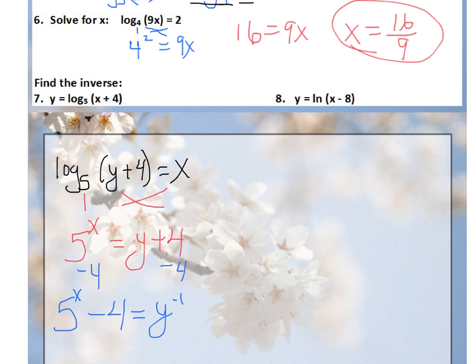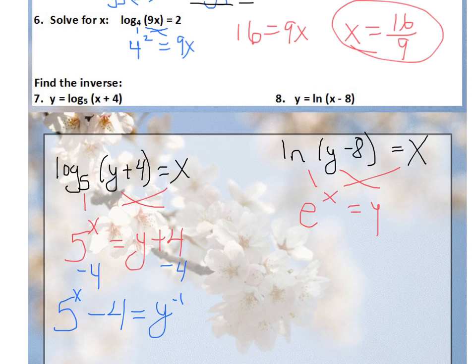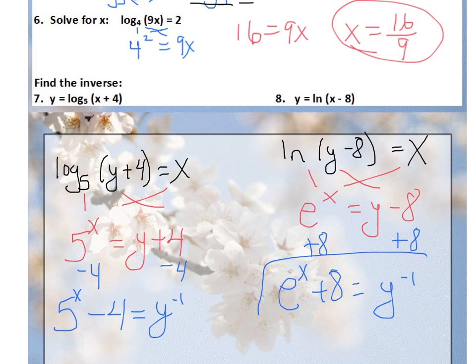Okay, we're going to start 8 the same way. I'm going to switch my x and y and put the log on the left. Now I'm going to change it to exponential form, so e to the x equals y minus 8, and then isolating the y, we get e to the x plus 8 is our y inverse.